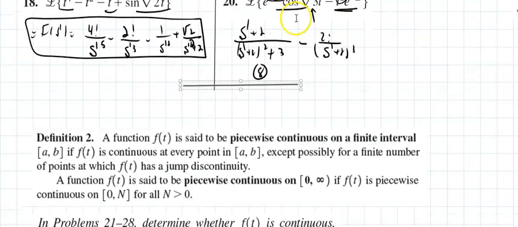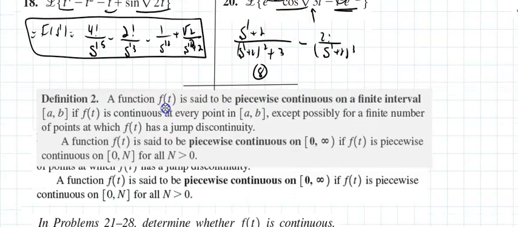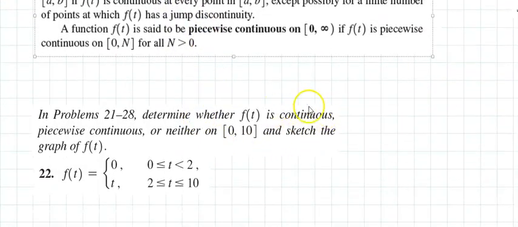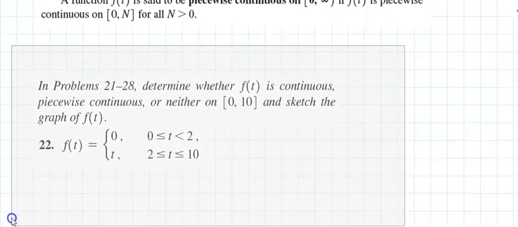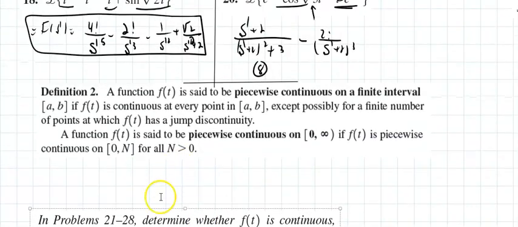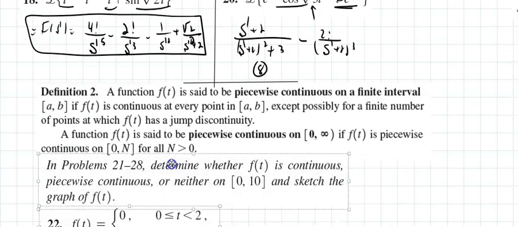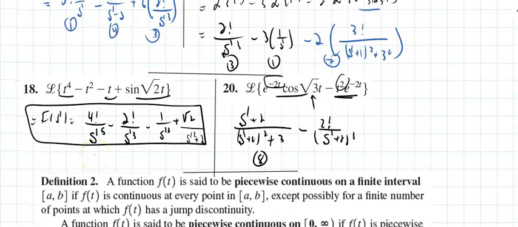Alright, what else is there? This is by 3, this is by 2, and this is by 5. This was by 9.